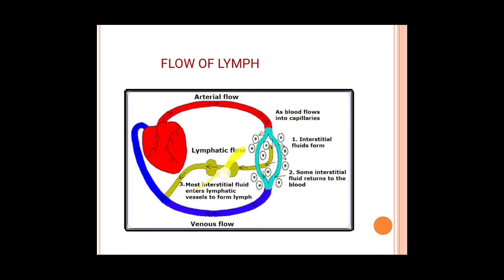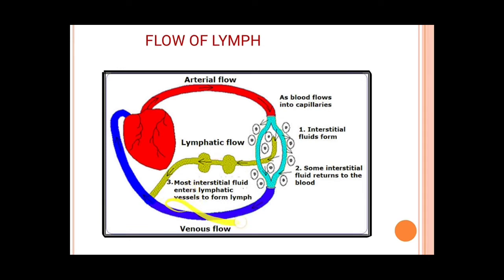The lymphatic vessels will join the veins, which are shown by the dark blue color. So this is how flow of lymph takes place. So lymph provides food and oxygen to the tissues and takes carbon dioxide and waste from the tissues.